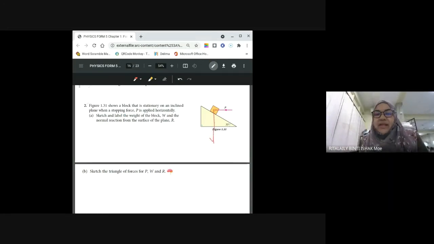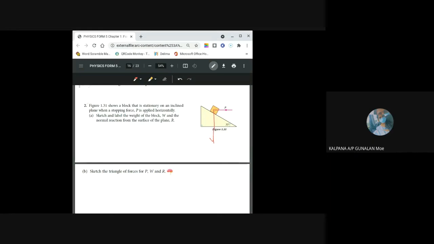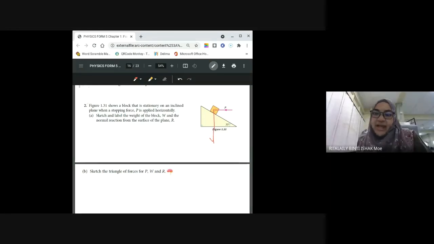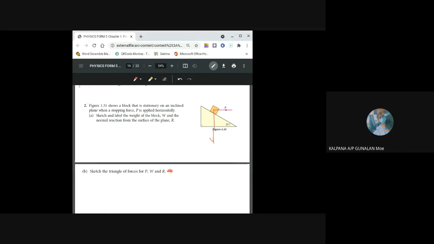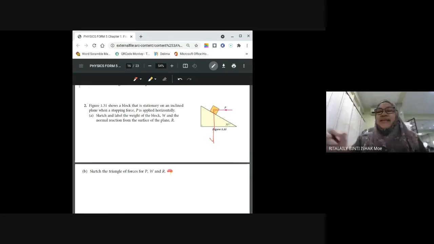Okay, and then the normal reaction, Kalpana. Normal reaction? Upward, where? How do we say? Perpendicular to the inclined plane. Yes, okay. So R is perpendicular to the inclined plane, upward.